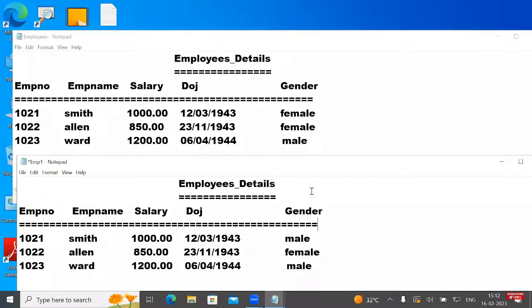Understand my question carefully. Smith, what exactly? Tell me. Can you say, or can't we say? We can't say. Why, sir? Because the same person's information is there in two or more files.